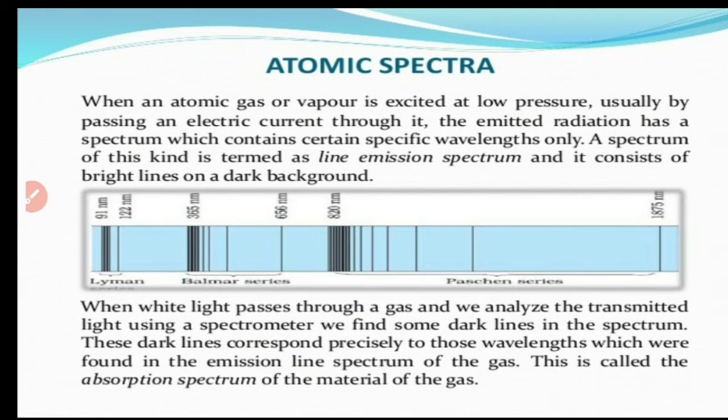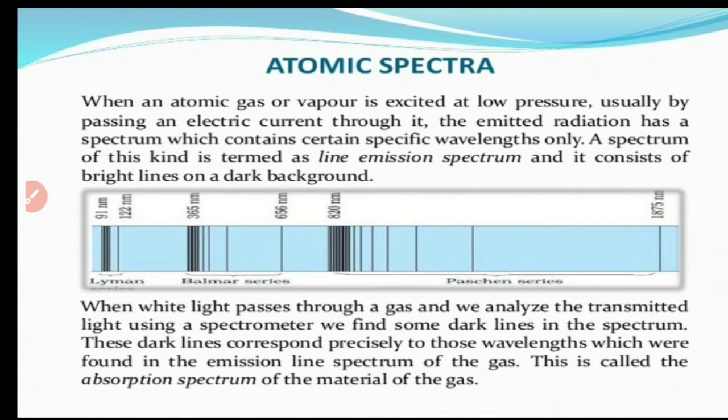When an atomic gas or vapor is excited at low pressure, so pressure is low, by passing an electric current or by any method, the emitted radiation has a spectrum which contains certain specific wavelengths. So only certain wavelengths will be there in that particular spectrum.